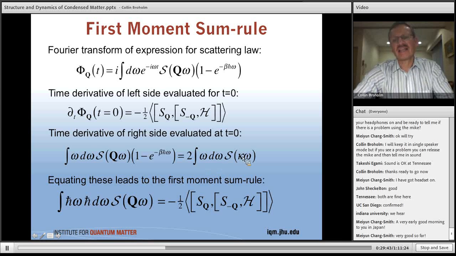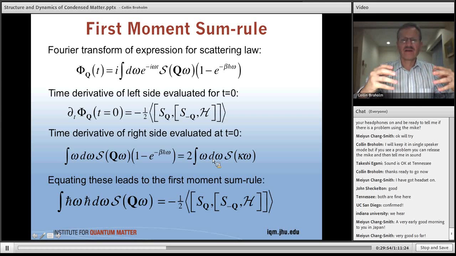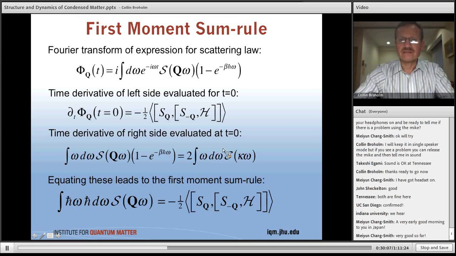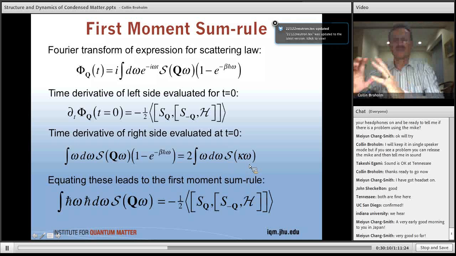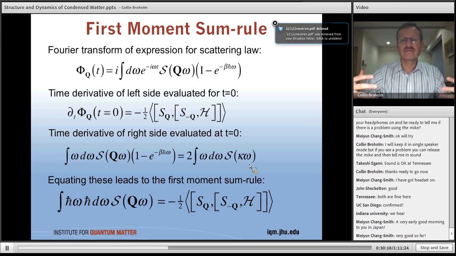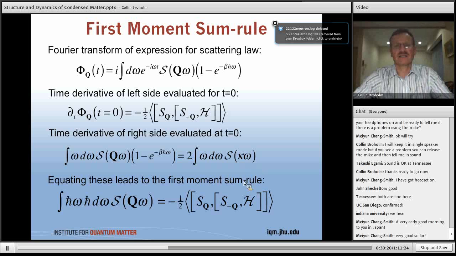So if I have a lot of elastic scattering, then I'm going to be getting from this some sort of averaged value of frequency in my inelastic scattering. If most of the intensity lies at some high energy, then I'm going to find that this first moment will end up producing for me that estimate of that sort of mean energy of the spectrum. So it's some sort of overall mean energy in the spectrum at that particular momentum transfer.